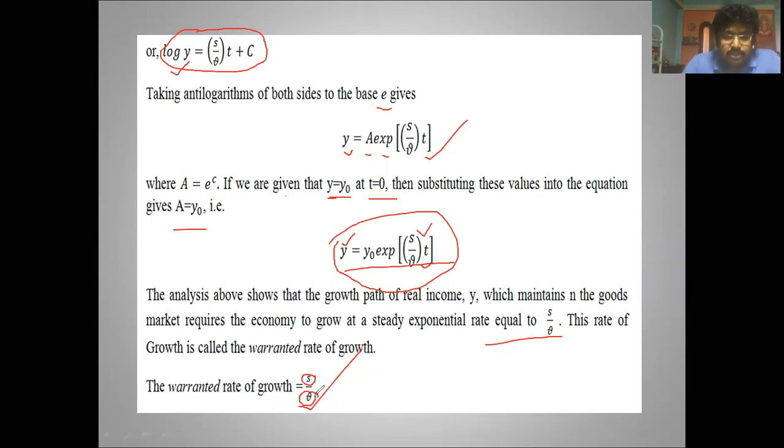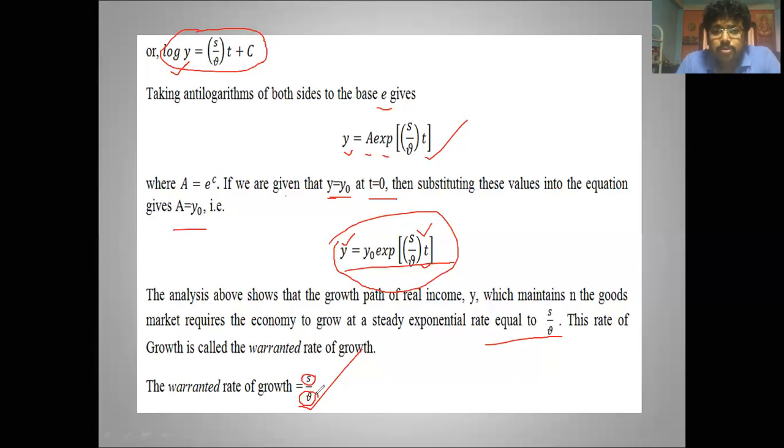So in this whole analysis of the Harrod model, we have concluded that the growth path of real income, which maintains the equilibrium in the goods market, requires the economy to grow at a steady exponential rate equal to the ratio of the marginal propensity to save and the capital output ratio.